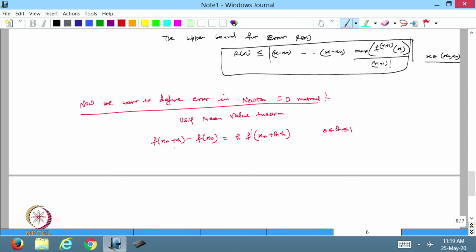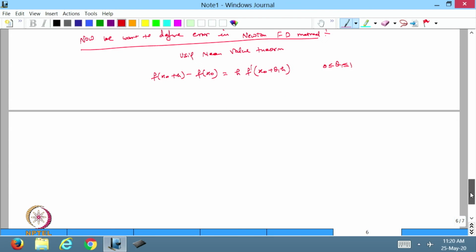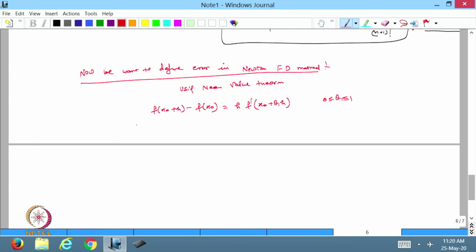So, from here I can write this as the delta forward operator f x naught is equal to h f dash x naught plus theta 1 h. So, this is the function I have defined.